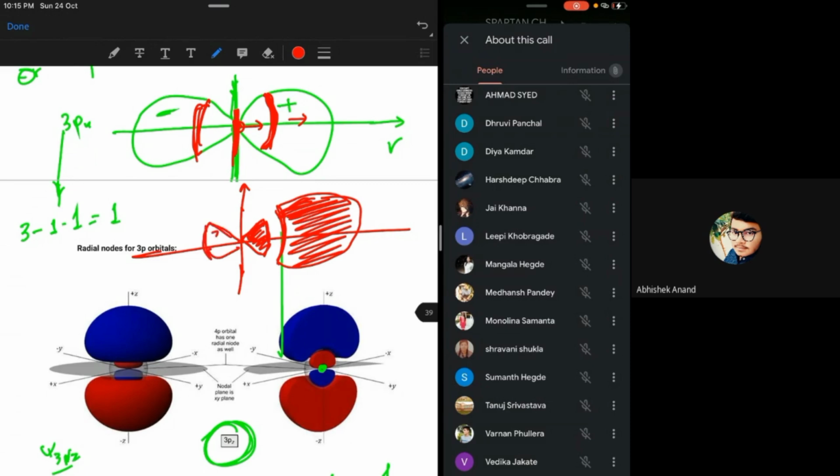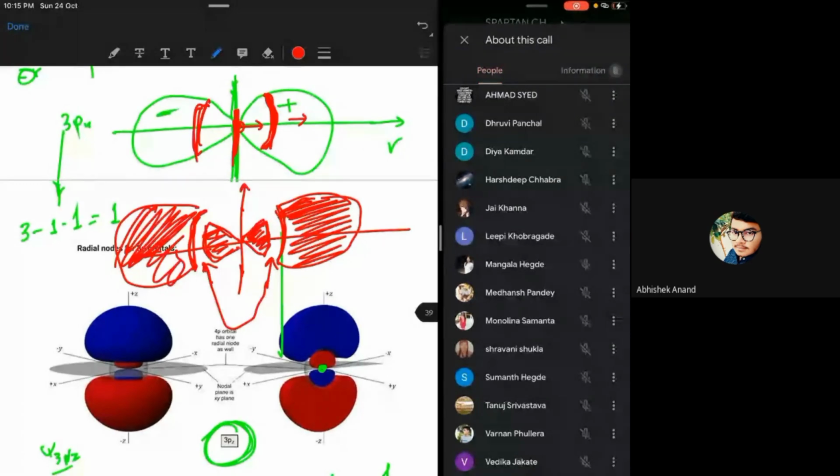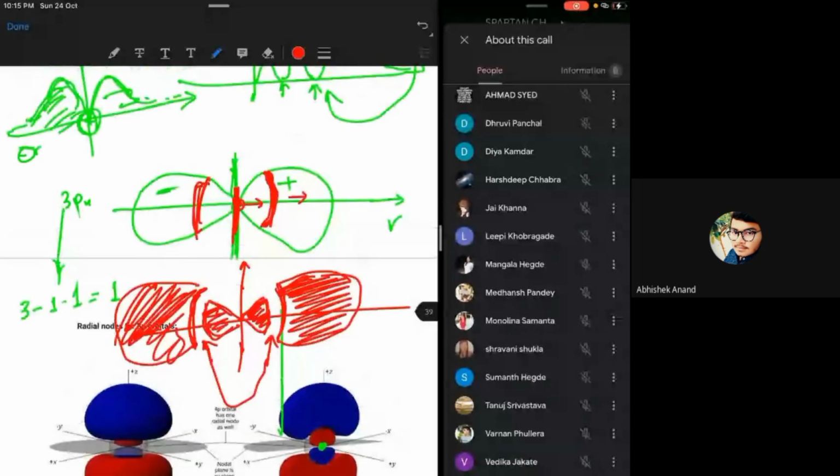At this part there will be nothing, it will be missing completely. Electron will be missing here, and then the rest of the lobe will be here. So did you get where the radial node is here? This. Did you guys get? Yes, empty space, because there is no electron, right?